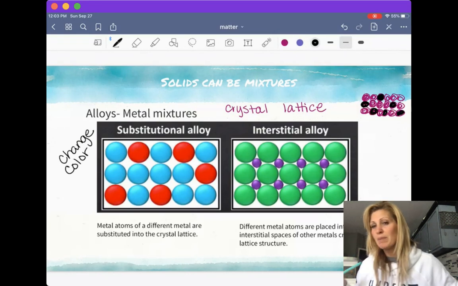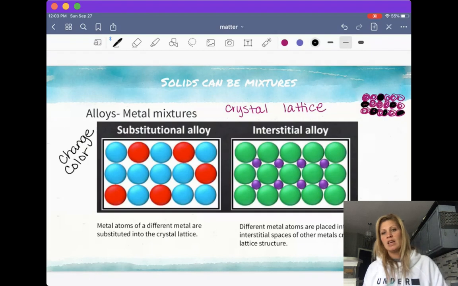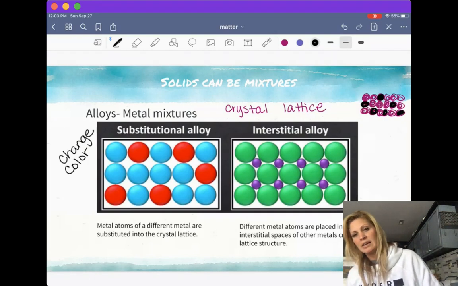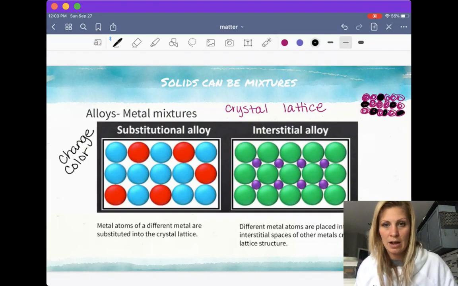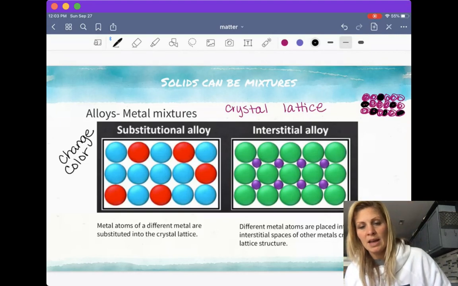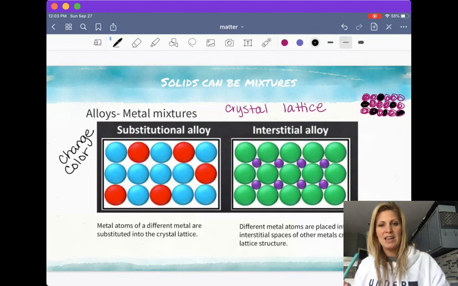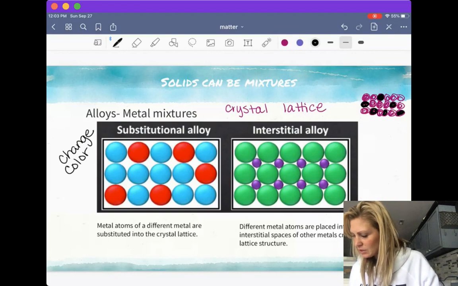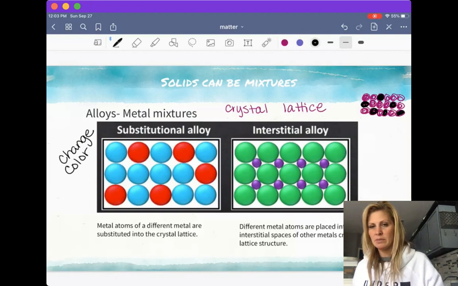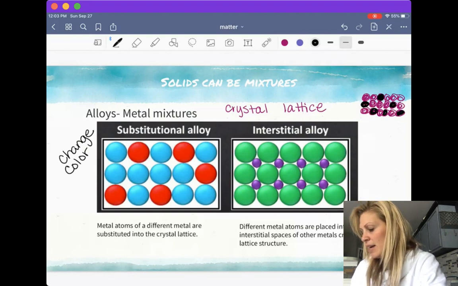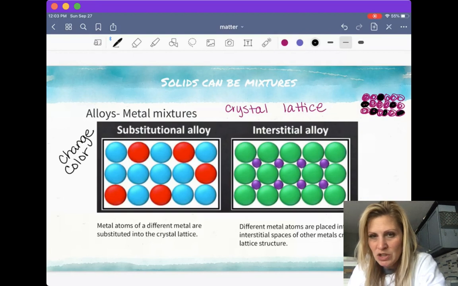Your next type of alloy that's very commonly used in industry and in sports is called an interstitial alloy. And an interstitial alloy is going to take a metal and we're going to fill in the spaces in between the compacted solid. All right, so we're going to take different metal atoms and we're going to place them into those spaces in the solid structure. So a very common one is steel. We do this to make steel.